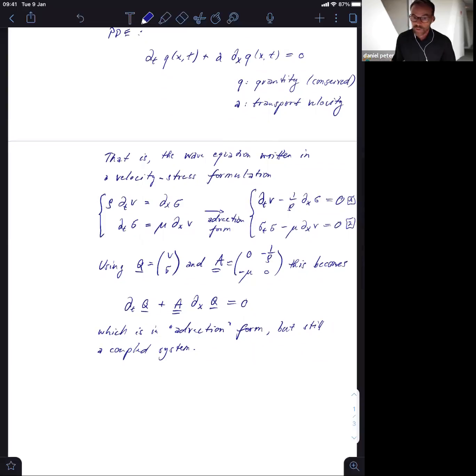So that's the approach basically in Heiner Igel's book and Randall LeVeque's book, how they solve the wave equation: put it into this first order system, PDE system.